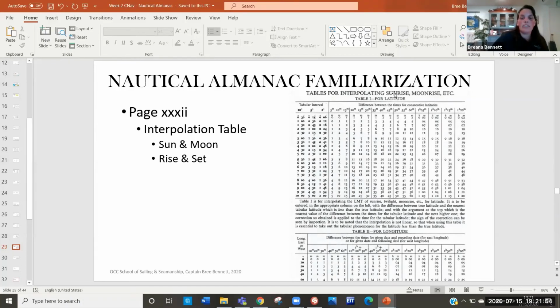This is tables for interpolating sunrise, moonrise, sunset, moonset, etc. All of the rising or setting phenomena. So we're going to go into how to use this table when we do sunrise and sunset in week 5. But this is where the table is for it.